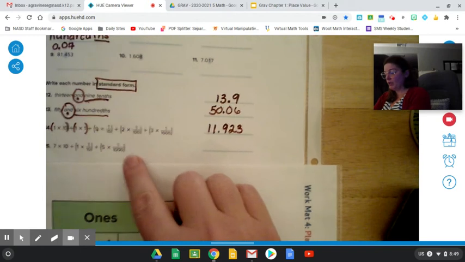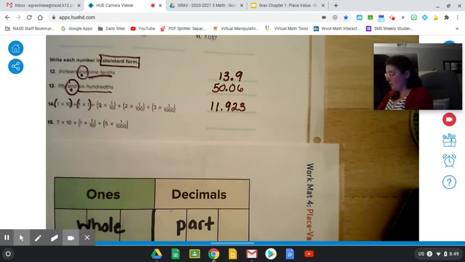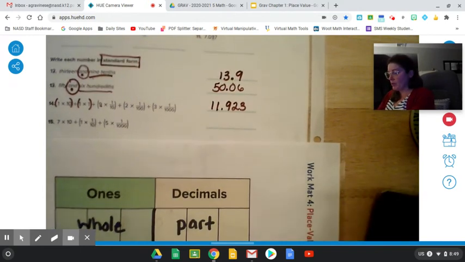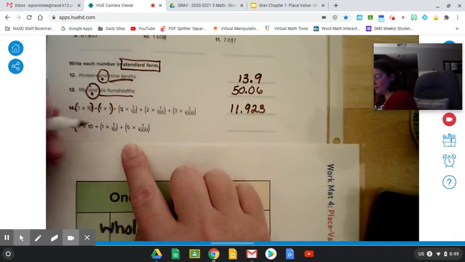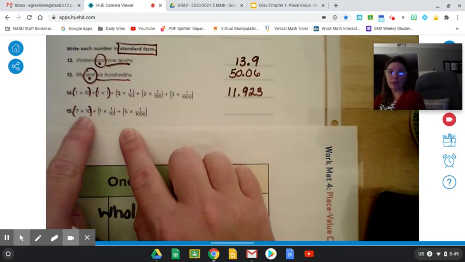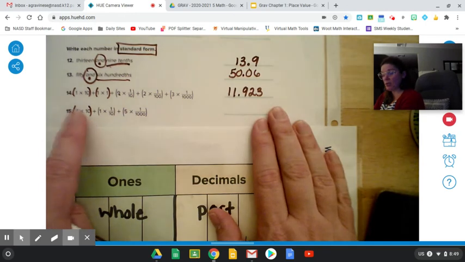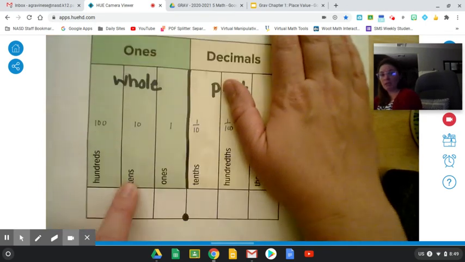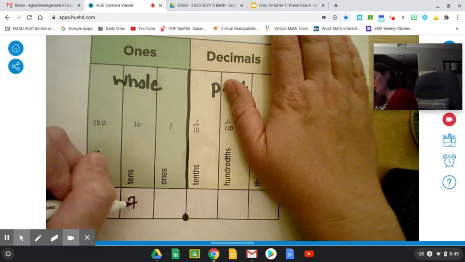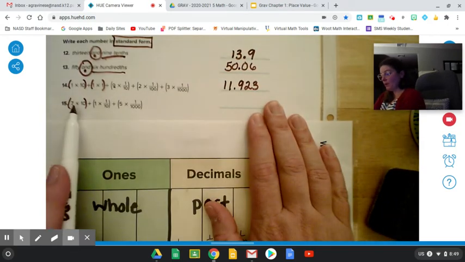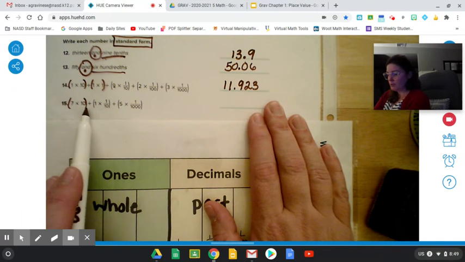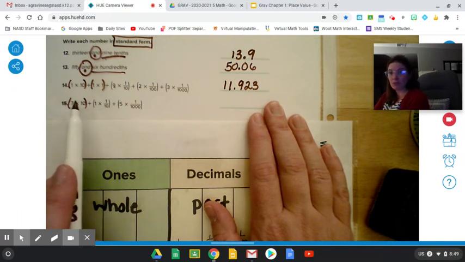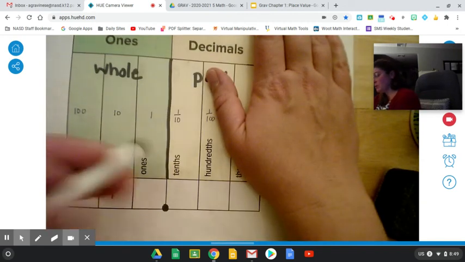All right, let's look at number 15. Careful on this one, there's a little trick. I see 7 in the tens. That's a whole number. So 7 is in the tens right here. I don't have any ones. There's nothing that says times 1. That means there's a 0 in the ones place.